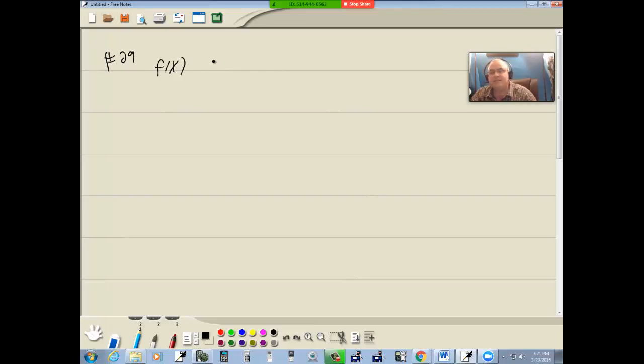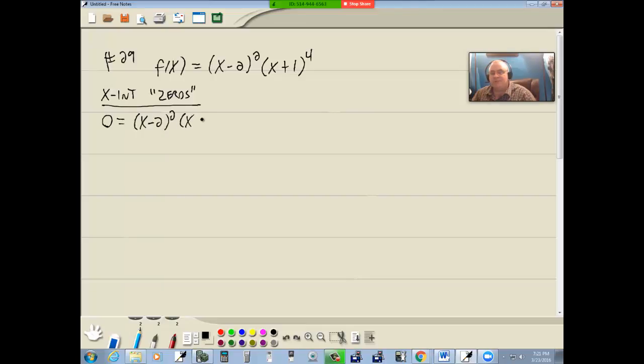We've got f of x is equal to (x minus 2) squared times (x plus 1) to the 4th. First thing we're going to find is our x-intercepts, which remember is the same as our zeros. You always plug 0 in for the other variable. We'll plug 0 in for y. So we've got 0 is equal to (x minus 2) squared times (x plus 1) to the 4th.